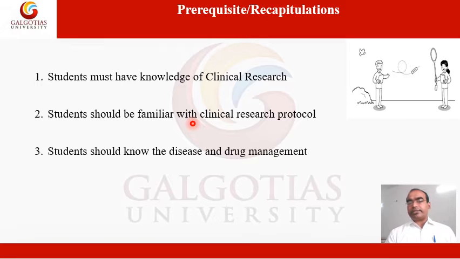A student should know disease and drug management: what kinds of diseases there are, the pathophysiology, the mechanism, how a drug is administered, and the n number of routes of drug administration. A student must have all this basic information so that, once they go through the case report form, they will have a very good idea and a better understanding of what they need to do with it.